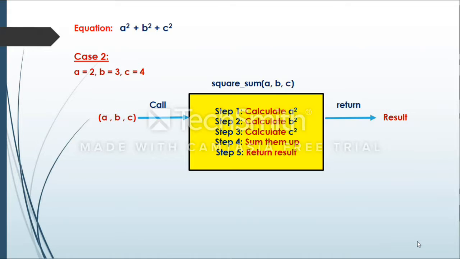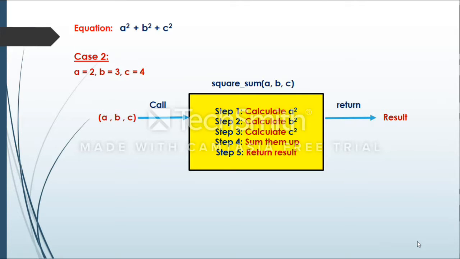Let's take another case. We have a equal to 2, b equal to 3 and c equal to 4. We know the value of a, b and c. We make a code block named square sum which will take three arguments a, b and c. It will contain some steps to calculate the value of the given equation and then it will return the calculated result.